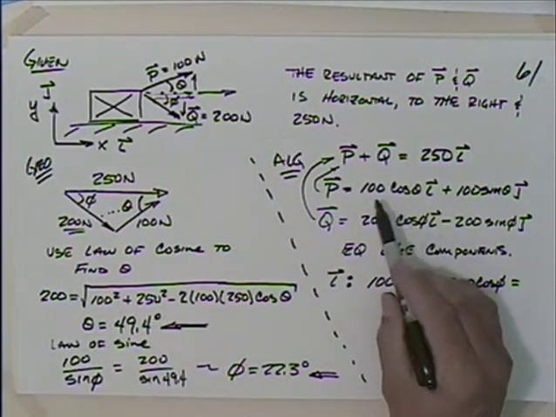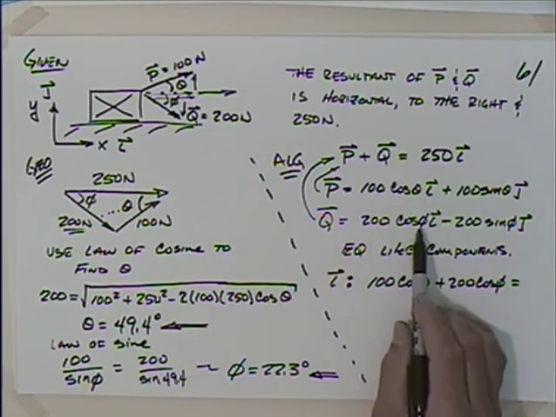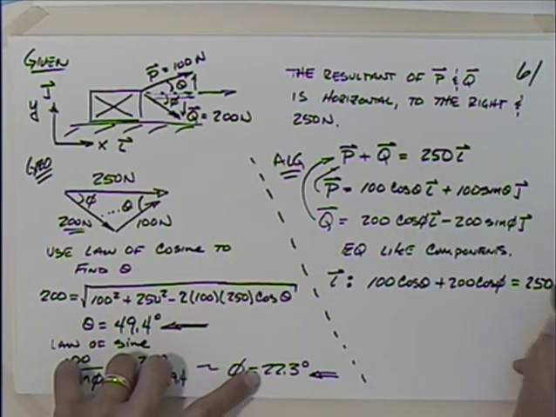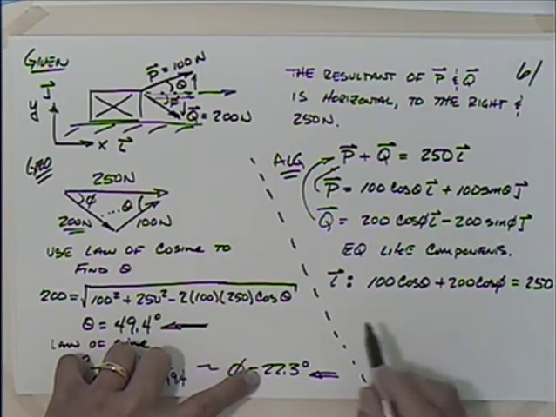So I've got the i piece, 100 cosine theta, 200 cosine phi, and that equals 250, doesn't it? Okay, so there's one equation.